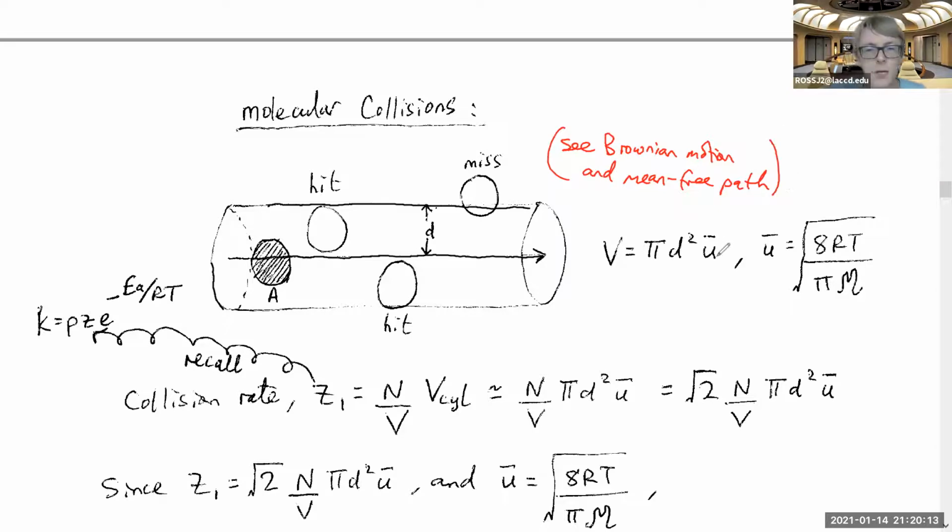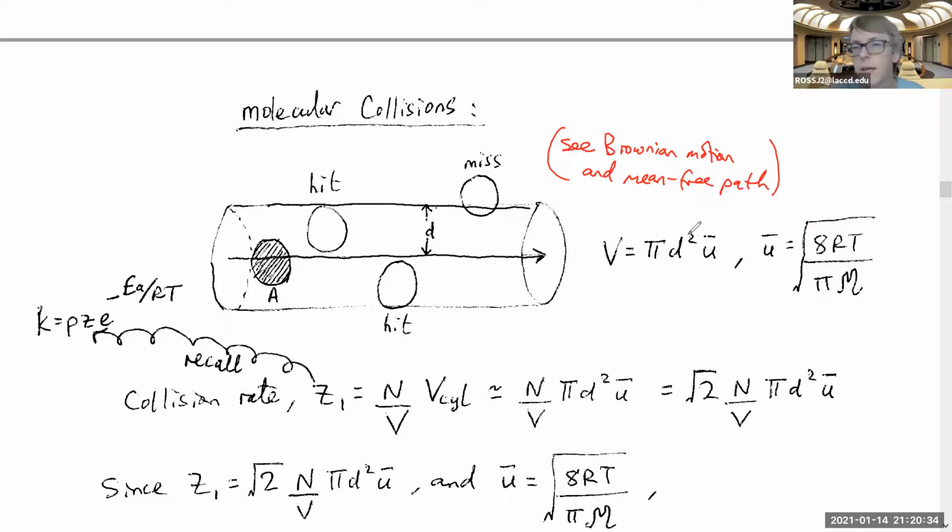But you'll recognize these equations hopefully from that discussion. As this molecule moves, it will scoop out a volume V, which essentially is the area of this disk, which is pi r squared, where here I've written r, the radius, as d.